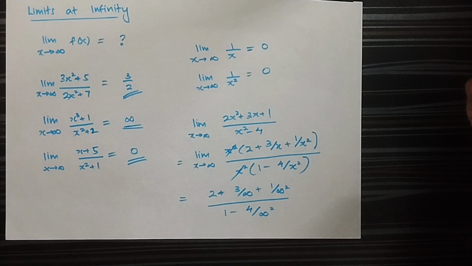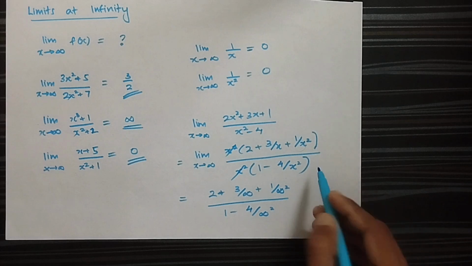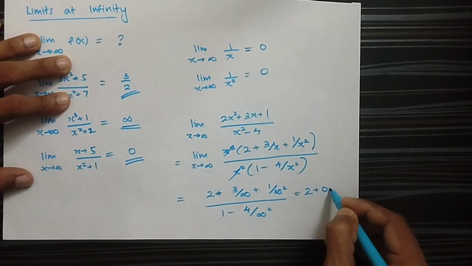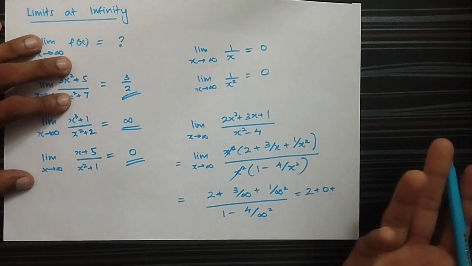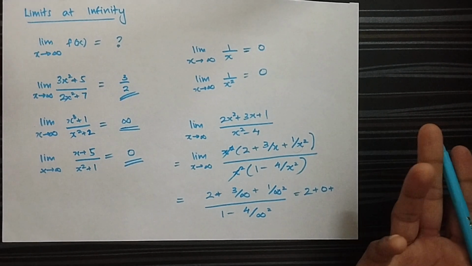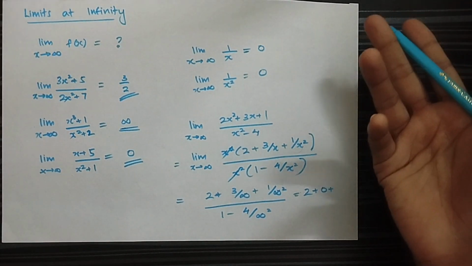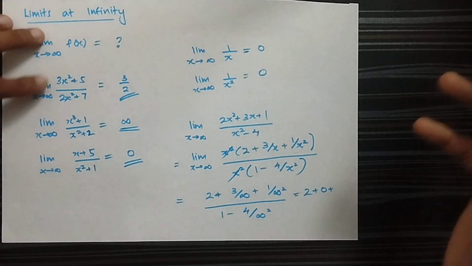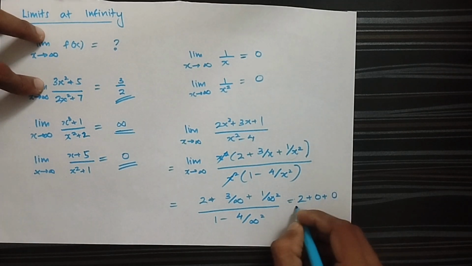Whenever the infinity symbol is in the denominator, the answer would be 0. So here 3 by infinity evaluates to 0. So 2 plus 0 plus 1 by infinity square. Infinity square doesn't make sense, but infinity is already big, so infinity squared will be even bigger. Even though it doesn't make logical sense, we will just take that as 0 itself.